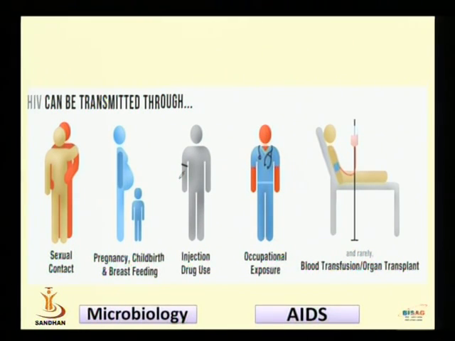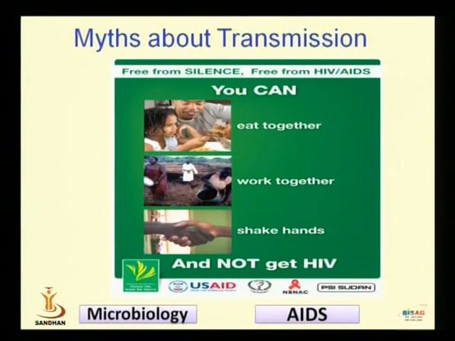Such cases have been reported a few months ago in one of the cities in Gujarat. And even in organ transplant, when the organs have been transferred from an HIV infected individual to a recipient, then the recipient might get such kinds of infections. So these were the certain ways by which the transmission of AIDS can take place.